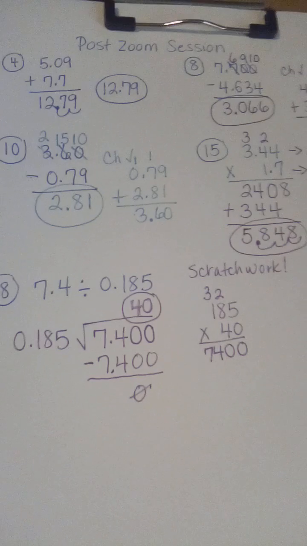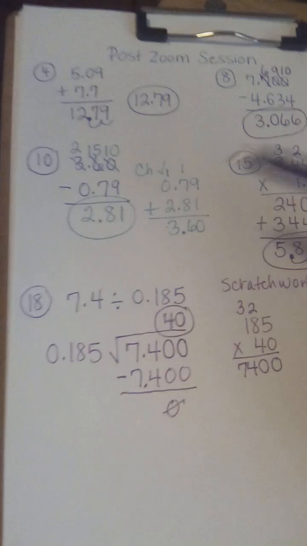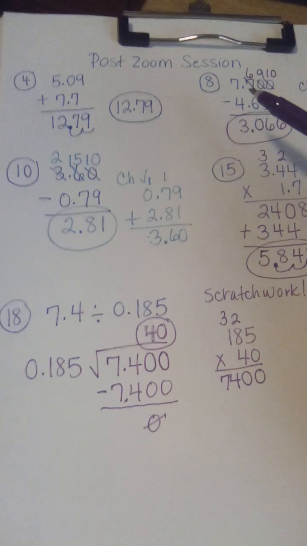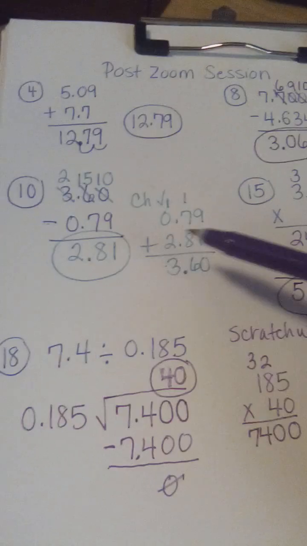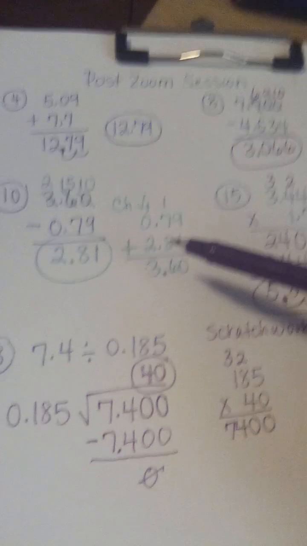All right, folks, there we have it. We're finished with adding, subtracting, multiplying, and dividing decimals. Other than that, that wasn't too bad, right? The problem that most people will have is subtracting, which I do wholeheartedly understand.